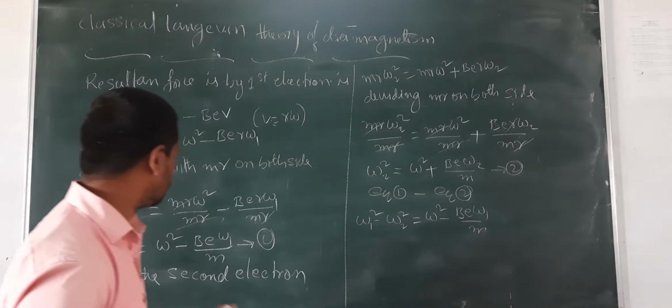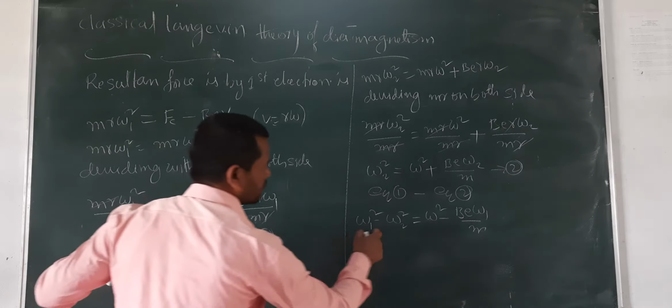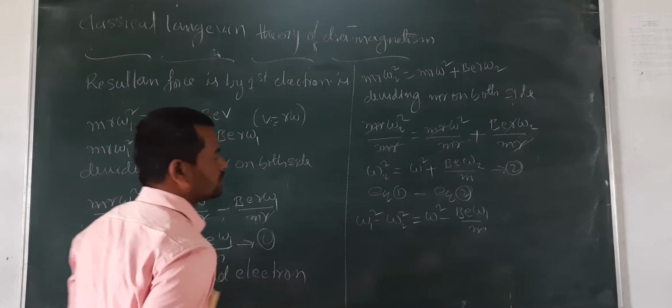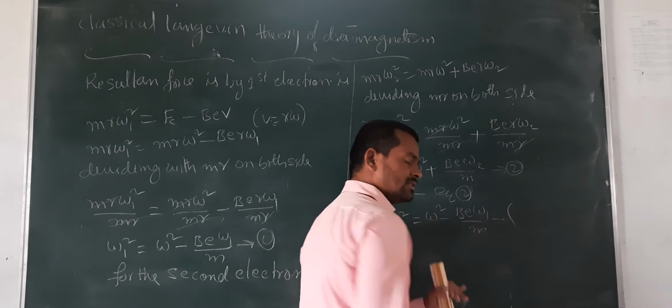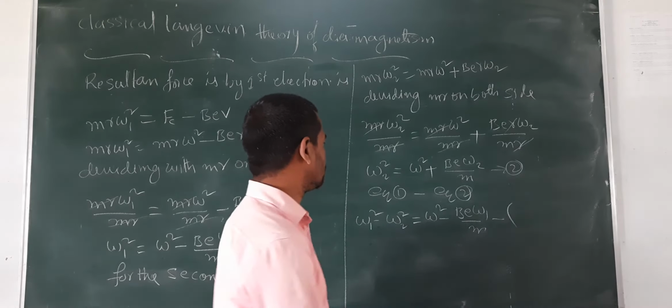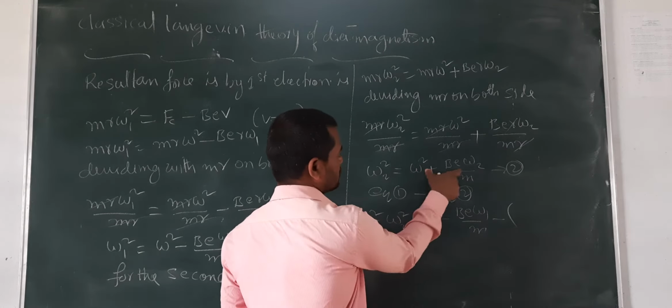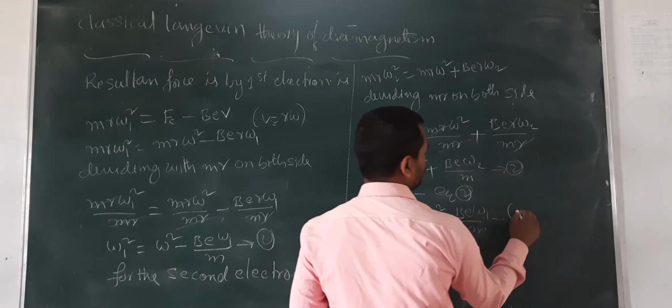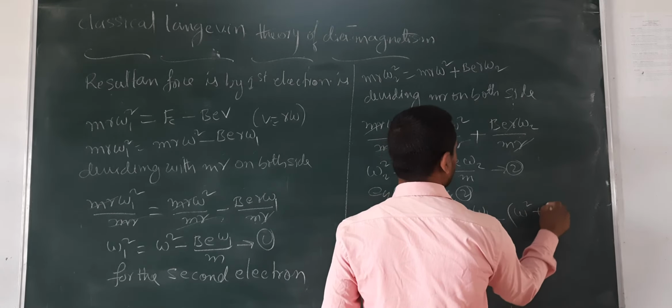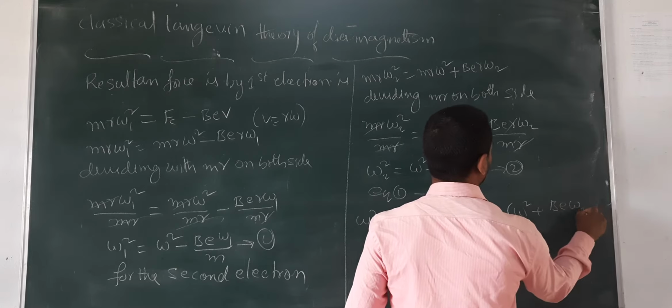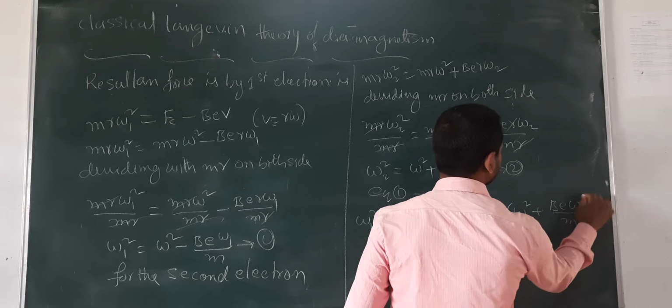Next, minus omega 2 square, and when there is a minus we must open the bracket, and the omega 2 square term is omega square plus B e omega 2 by m.